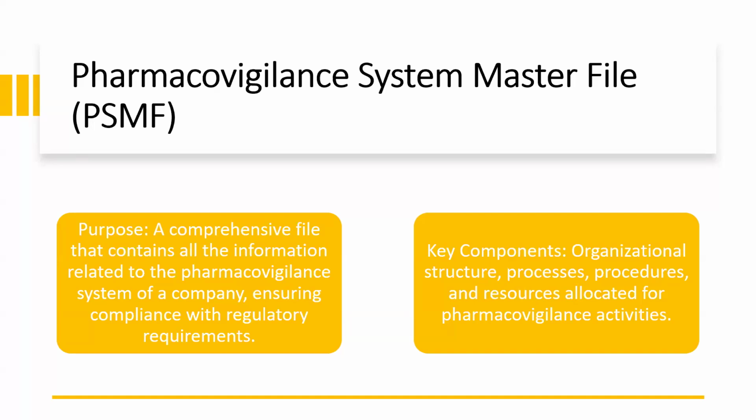So what are the key components of this PSMF? Like organizational structure, what are the processes and procedures, and what are the resources allocated for the pharmacovigilance activities, because we have to set the organizational structure, and in it we have to give all the relevant resources which are performing the PV activities.